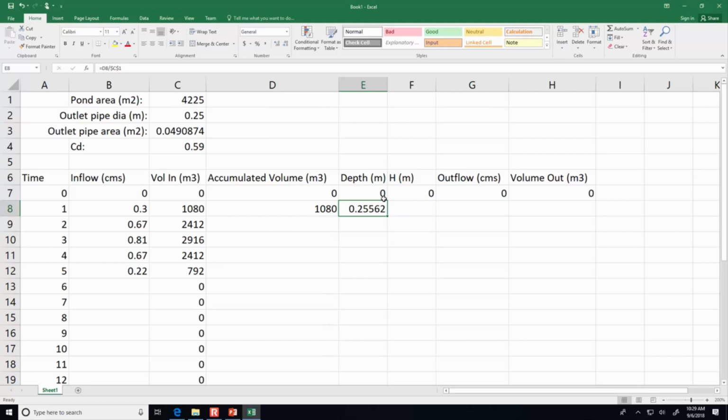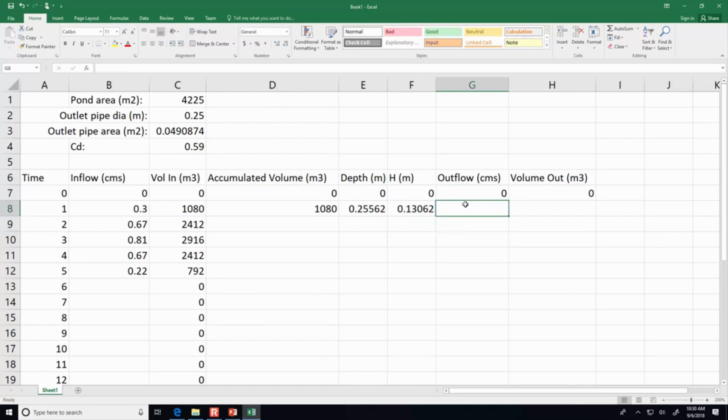So for H, we have to say it's equal to the depth minus the pipe diameter divided by 2. We just have to subtract out half the pipe diameter from the depth.